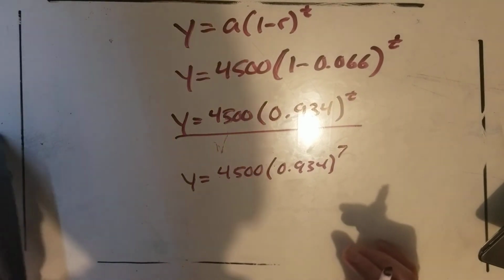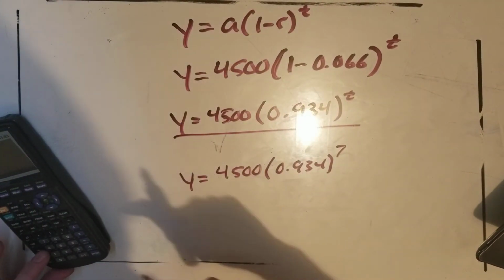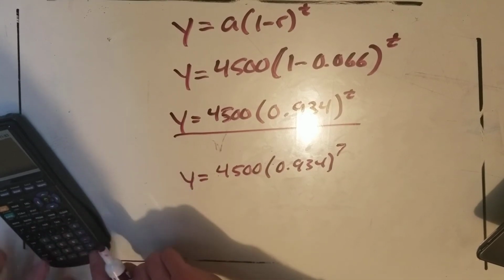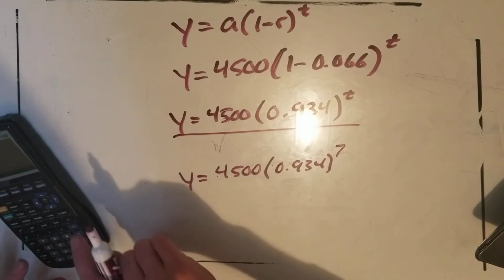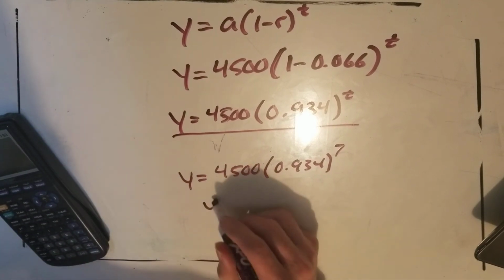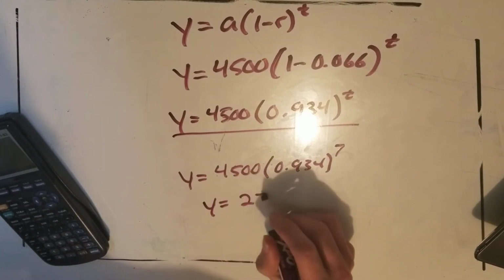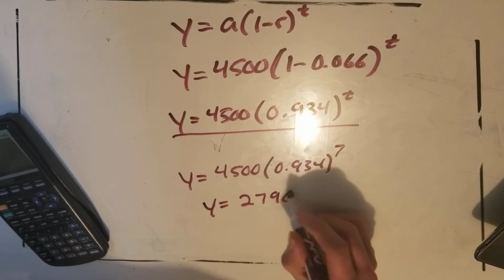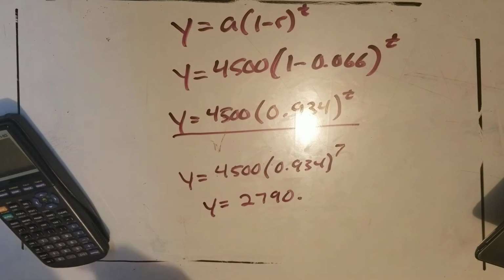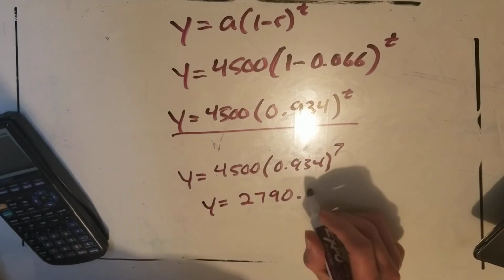So we go to our calculator here. We're going to take 0.934 to the 7th power, we get our value, and you multiply that by 4500. So y is going to be equal to 2,790, and it doesn't specify what to round to. Let's just round to the nearest tenth. We're not dealing with money.